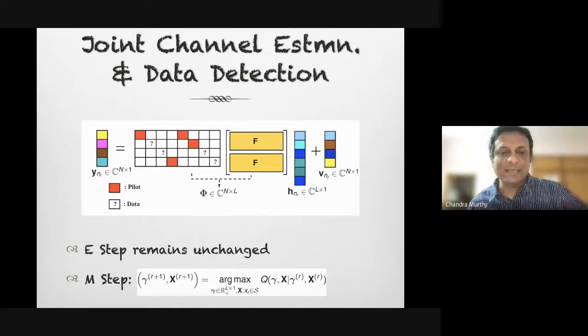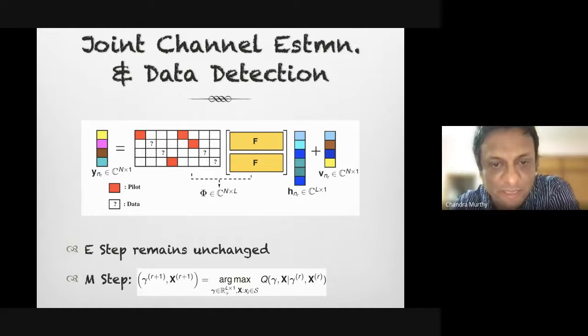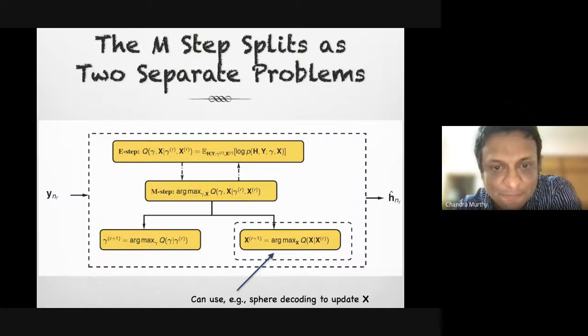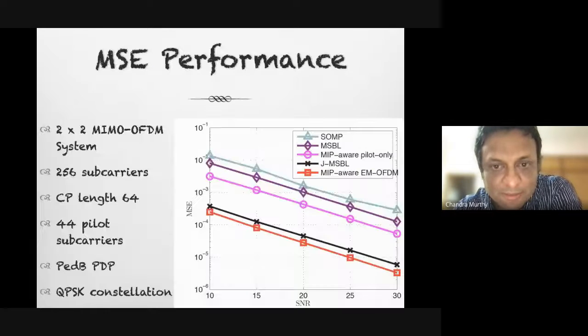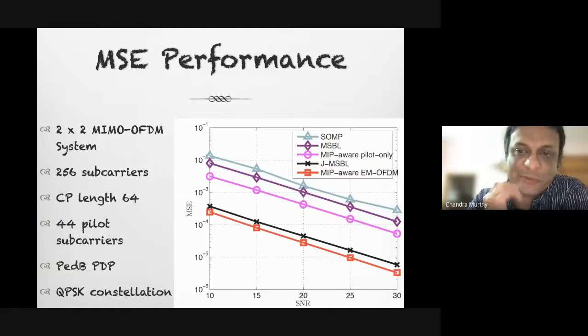Effectively, this is like the sensing matrix phi is not completely known. There are some question mark fields that need to be filled out. And the approach here allows you to do this joint channel estimation and data detection, which is essentially trying to figure out these embedded parameters in the phi matrix. So if you do all of that, then you can get this kind of a performance.